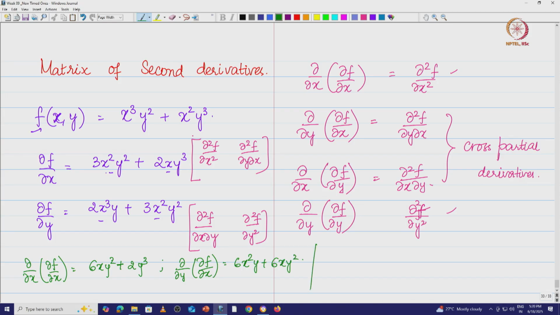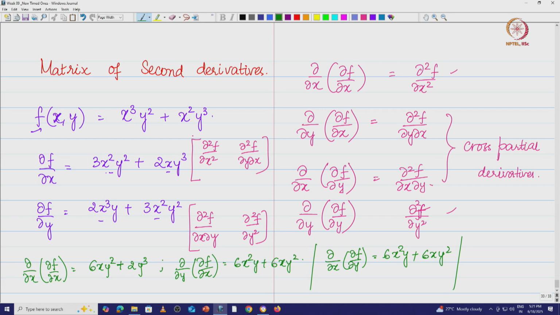And now I am going to look at dou by dou x of dou f by dou y, which is going to give me 6x squared y plus 6xy squared.